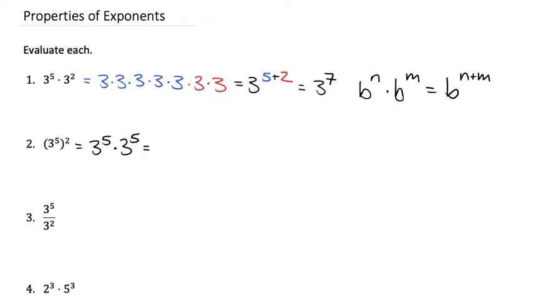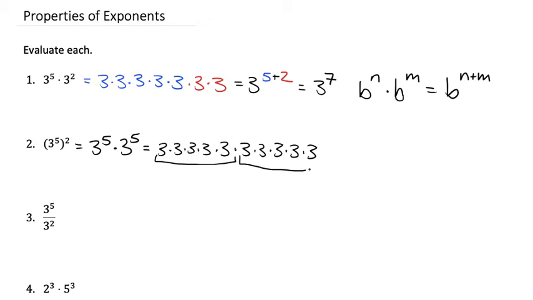Or in other words, I have 2 groups of 3 to the 5th. So we have 1, 3 multiplied by itself 5 times, and then we have another 3 multiplied by itself 5 times. So altogether here, this is our first group of 5, and this is our second group of 5. 2 groups of 5 would be 10, so we have 3 to the 10th.